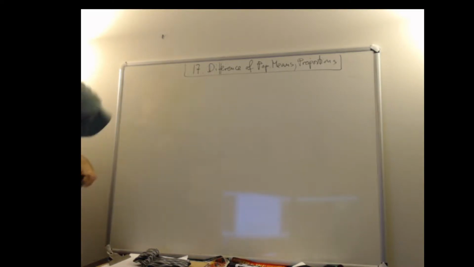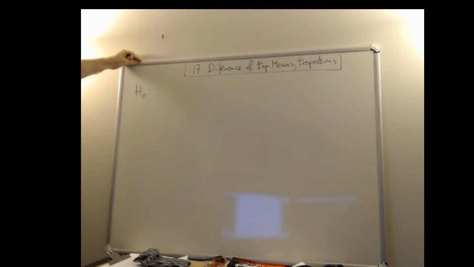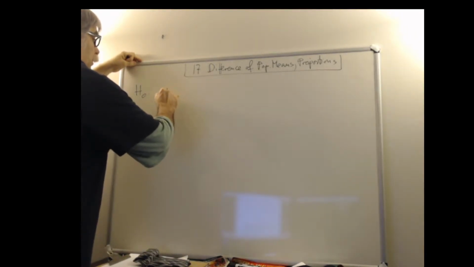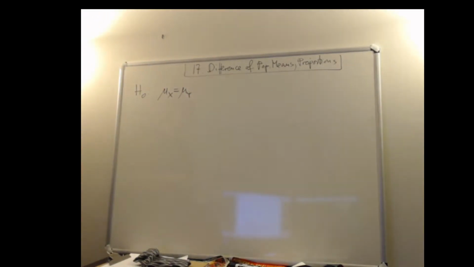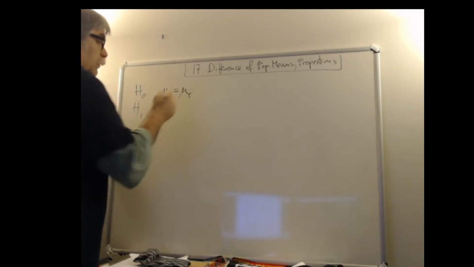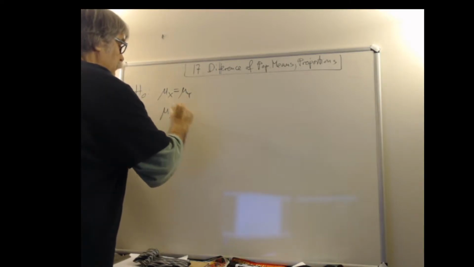Well, for the null assumption, in every case we're going to assume that the means or the proportions are the same. So the mean of population X is the same as the mean of population Y. Then the alternative hypothesis would be that the means are different: the mean of the first population is not the same as the mean of the second population.